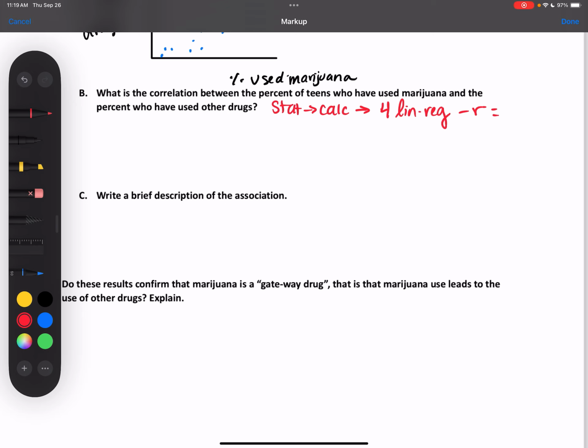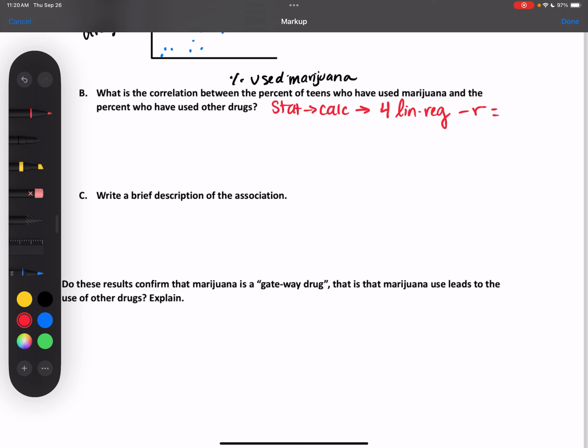I want to say it's chapter 8, I think. But anyways, I'm going to show you how to do that just so that you have the heads up. What we do is we hit alpha, trace, and it brings up all your different y equals. So I'm going to put it in y1.